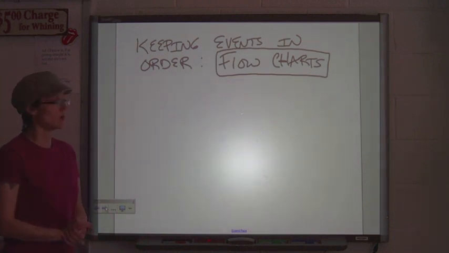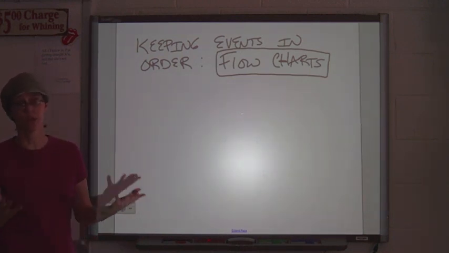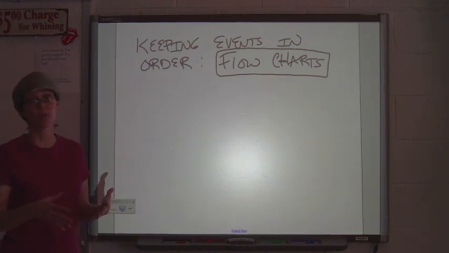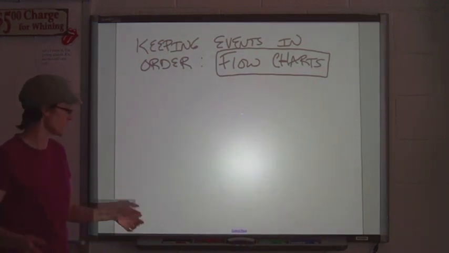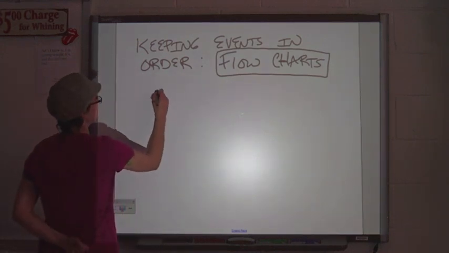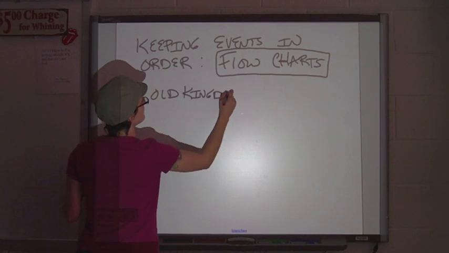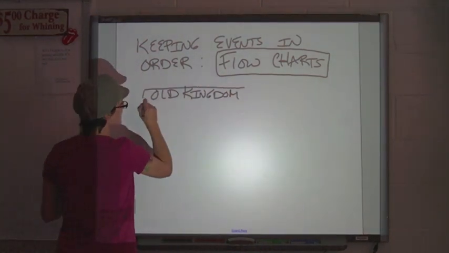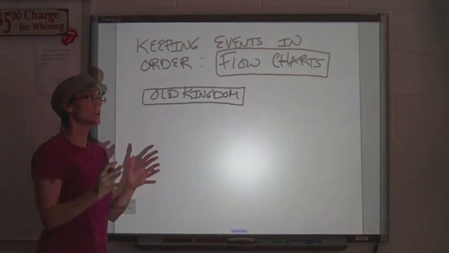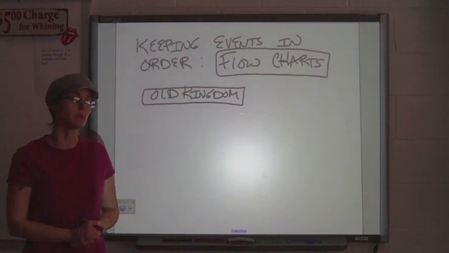Alright, so if we want to start with the Old Kingdom, which in Egypt would be the oldest period where we have solid written records, that would make sense. And the Old Kingdom you want to associate with the pyramids.